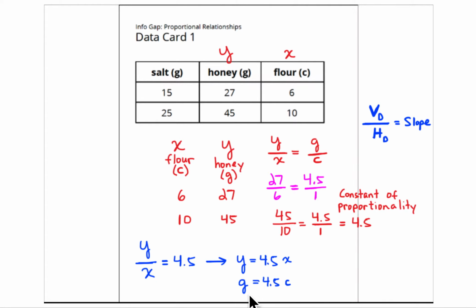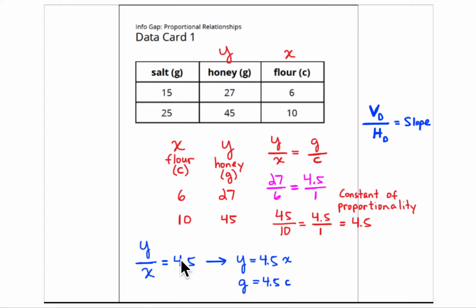The number of grams of honey is equal to 4.5 times the number of cups of flour. This goes back to writing the equation. If you remember, this is the letter k, y equals kx, which is the constant of proportionality, which is the unit rate, which is the slope. All of that stuff gets wrapped into one number.